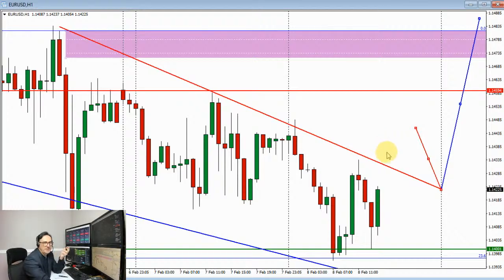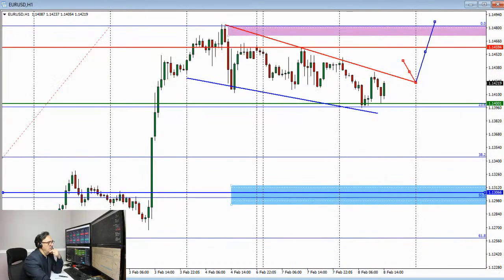all bets are off. We could see another leg higher, and I don't want to be holding that position anymore. So that's where I am with the euro dollar, and I am still in that trade, barely, but currently showing a little loss.